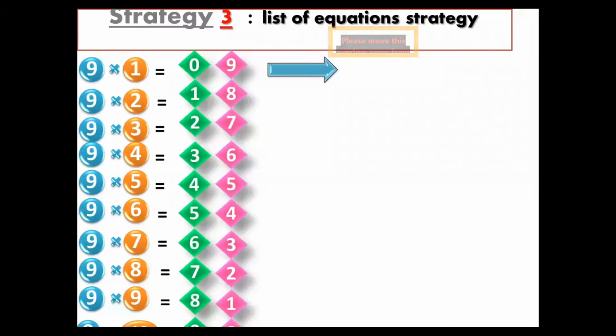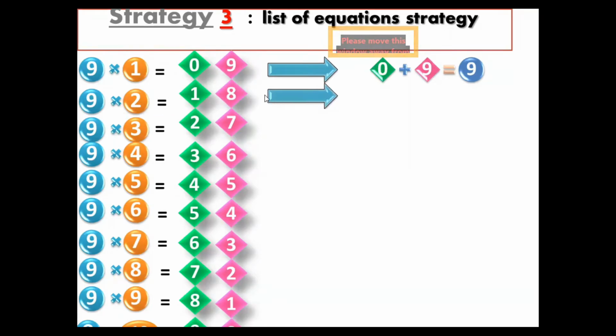You can notice here that the sum of the digits of each product is always equal to 9. Let's see here in the first product, 9 by 1 equals 09. So the sum of the digits 0 and 9 equals 9. Here 9 by 2 equals 18.